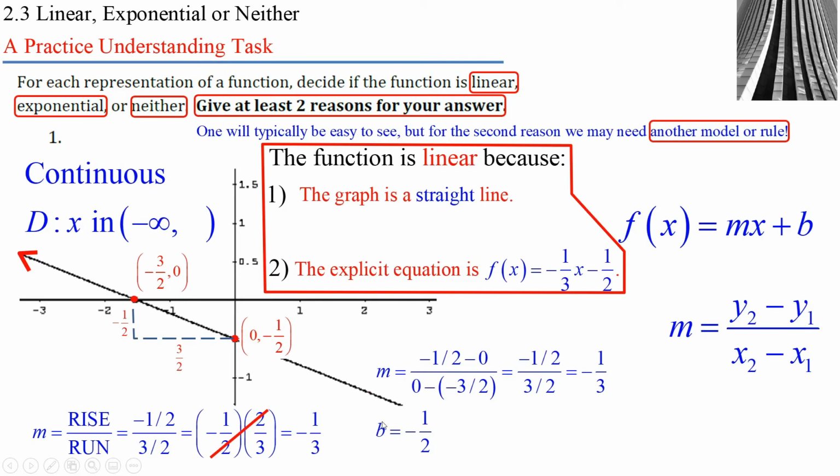And then there's an arrow implied on the right, which means this goes on forever in a positive direction or approaches positive infinity. But because we can never reach infinity, we put a parenthesis right there. Now, if there were endpoints and a number, I would not use a parenthesis, I'd use a bracket there. But this means negative infinity is less than x, and x is less than infinity.